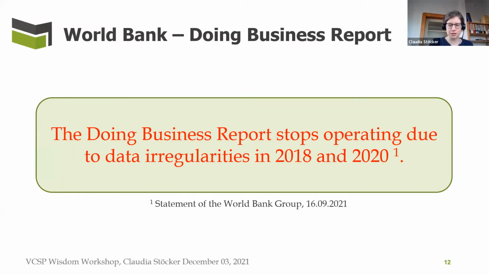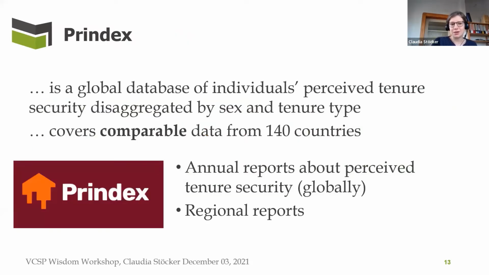of the current state. However, we also have another nice global overview tool from Prindex, which provides a global database of individuals' perceived tenure security. So this is really about the perception at the individual level. And they disaggregated their data by sex and tenure type.